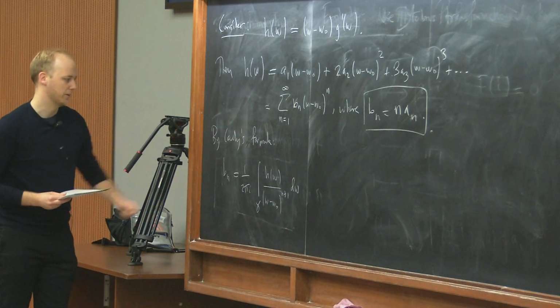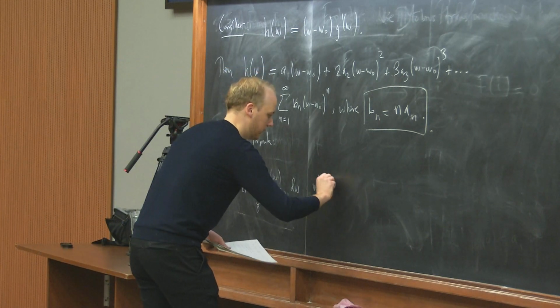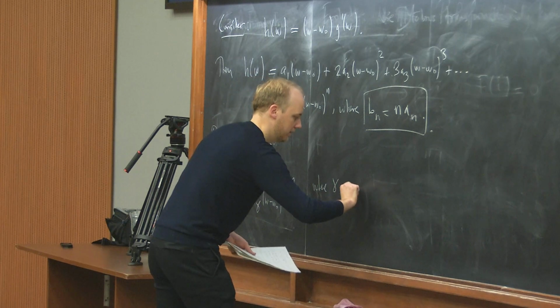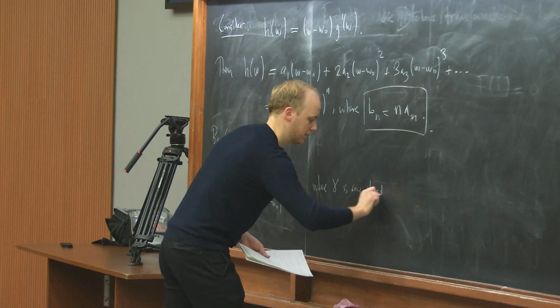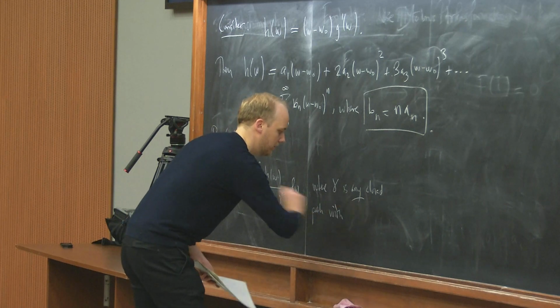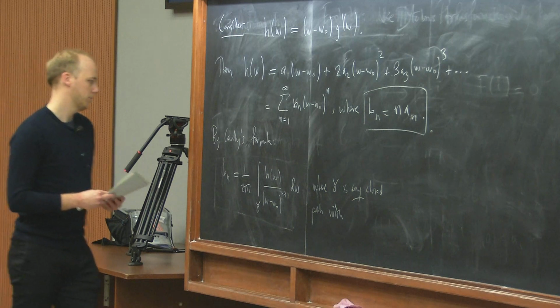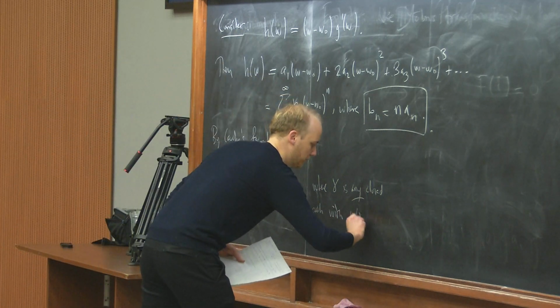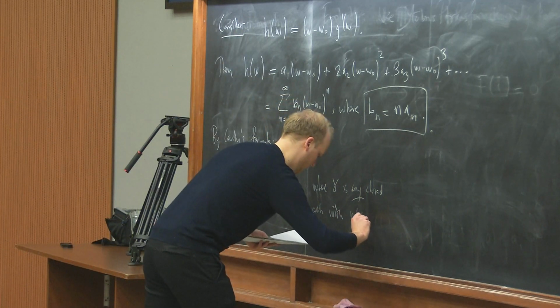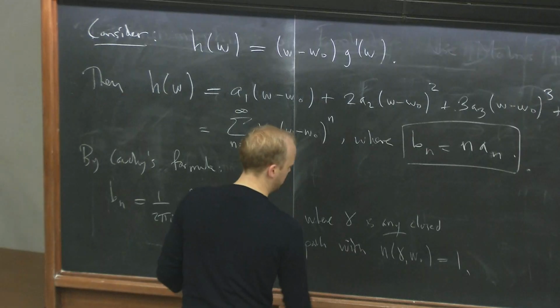You remember they are given by this formula. So where gamma is any closed path, and I just need one condition on this gamma for this theorem to hold. And if you remember, this condition was that the winding number around W0 had to be equal to 1.